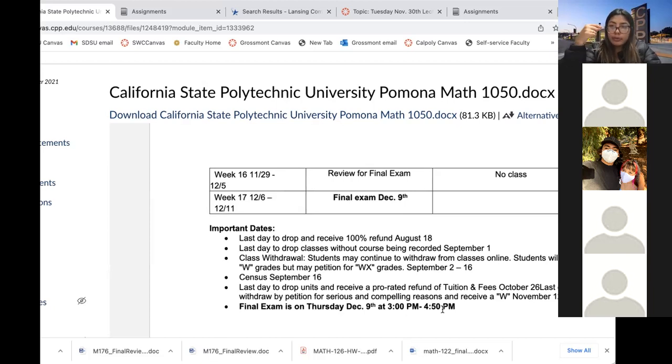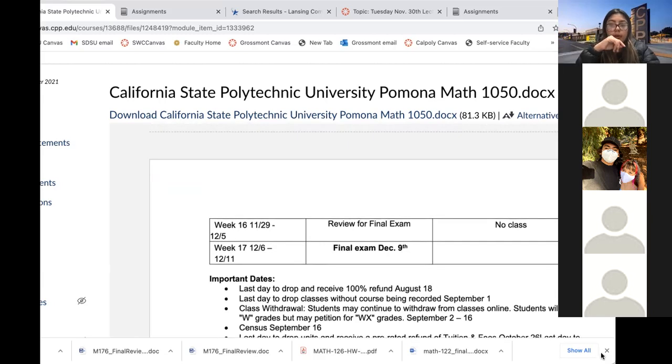If you fail to submit your solutions, you're going to lose 5% on your final, because I need to see your work. If you only show me half of the work, you will only receive half credit. Is that clear? Any other questions before anything else?